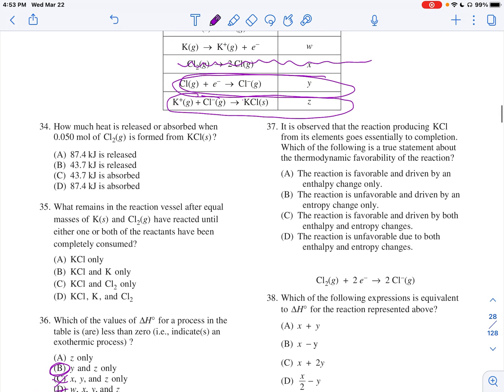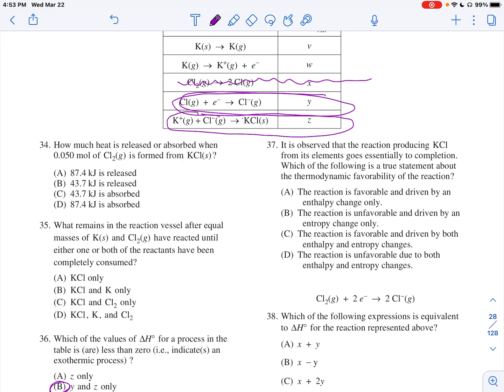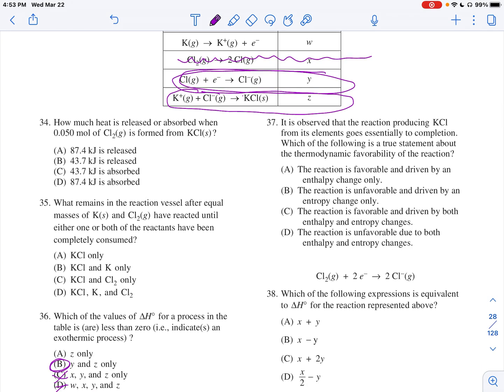Now you don't need this to answer the question, but you might be saying, well, what about K? Isn't K also forming its perfect octet? Yes, and in first year, it was easy just to say that. There's more going on here in terms of releasing an electron versus accepting an electron. So what I would probably think of it as is it's not a bond, but you can compare it to a bond.